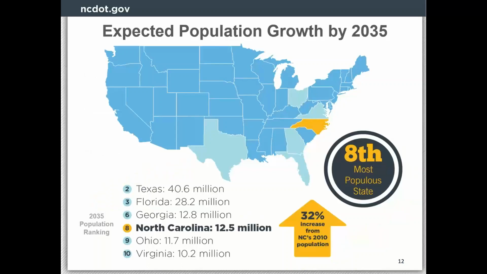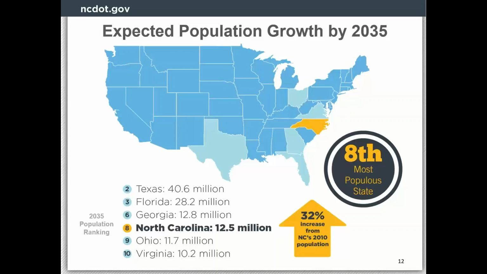The reason why we needed to change how we did things is basically we're a growing state, right? We're projected to be the 8th most populous state by 2035. I think the projection here is that we'll be at 12.5 million people by then. We're already over 10 million people today. I think we'll actually hit this number closer to 2030 than necessarily 2035. Well, I don't have this slide here, but we have another slide that says when STI was passed, we had about 8 million people in the state, and we were projected to go to 12.5. That's equivalent to adding the entire population of the state of Kentucky into North Carolina.